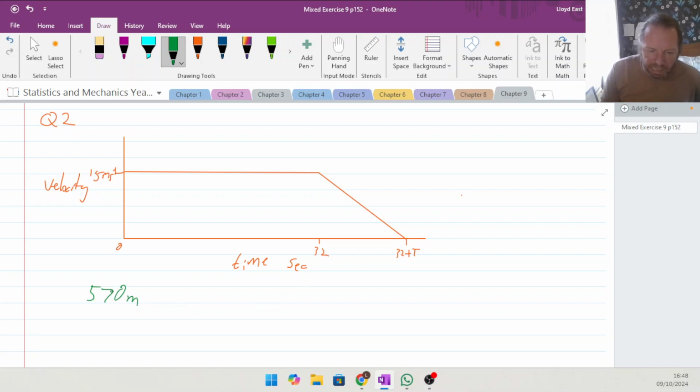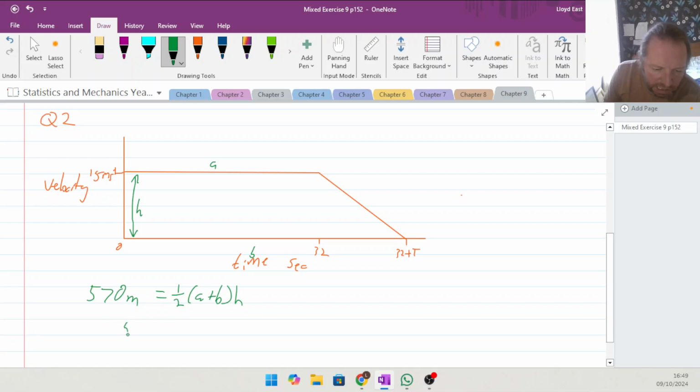So we can say that distance is equal to the trapezium formula, because that's what we've got here, which would be a half (a plus b) times the height. We've got the height here, and distances a and b here, and so we can say that 570 is equal to a half of (32 plus 32 plus t) times 15.